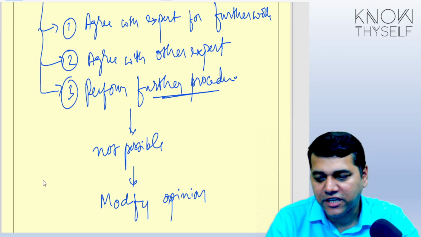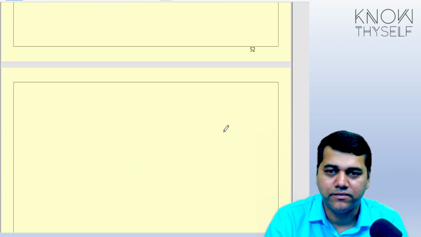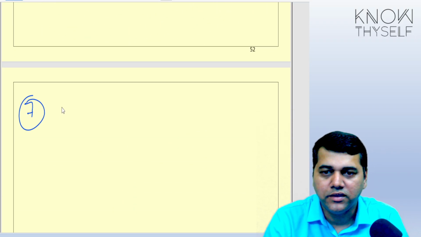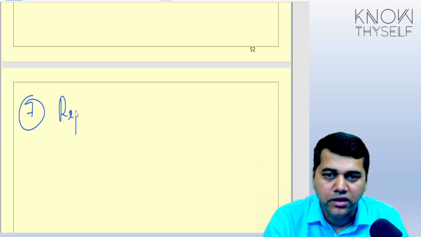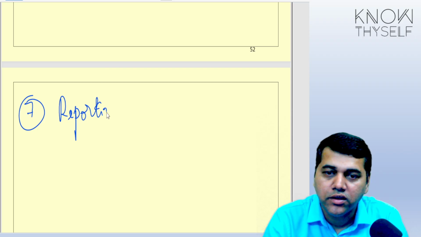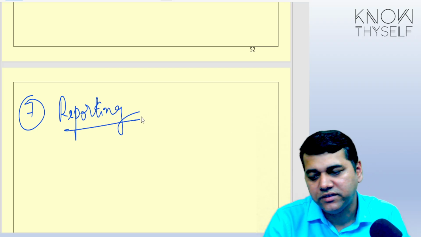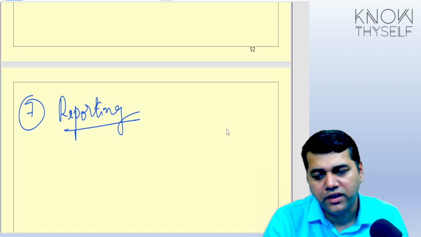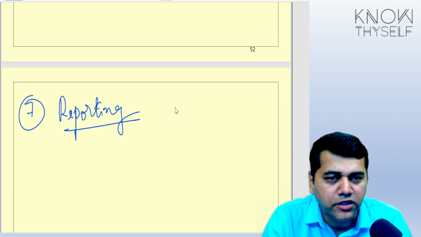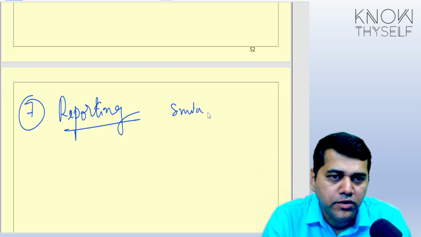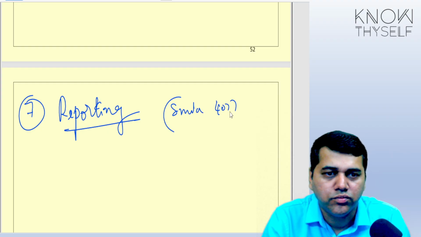Okay, so the last requirement number 7 is reporting. Reporting considerations. Okay, and this is exactly similar to SA 402.